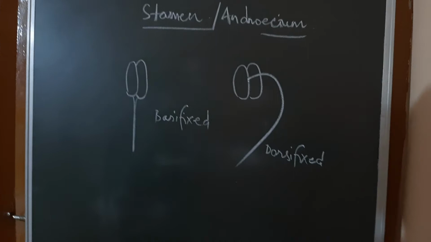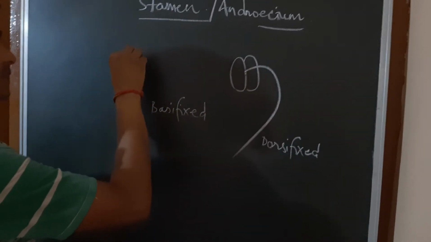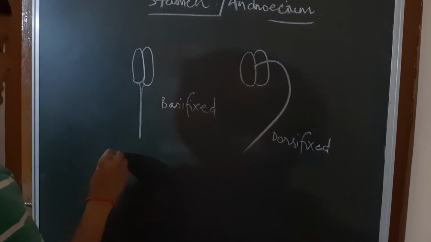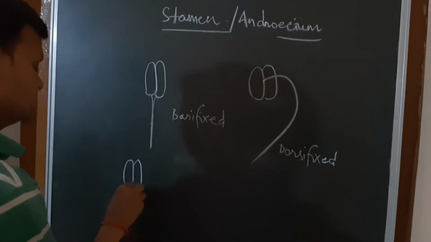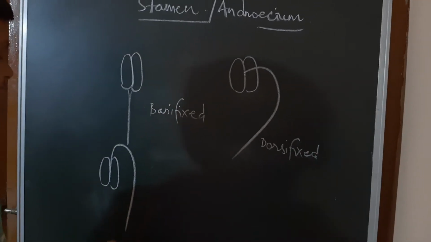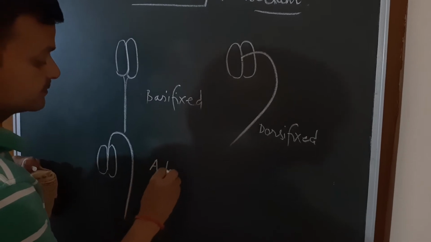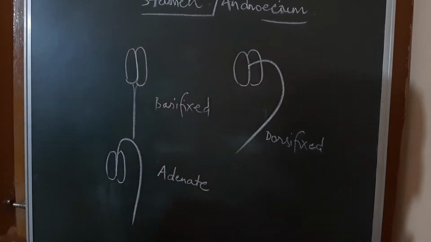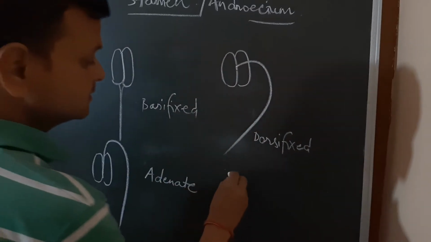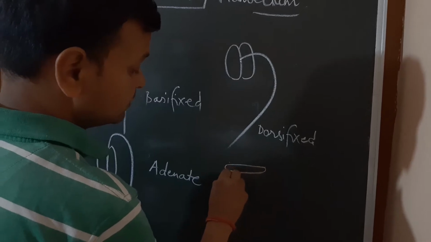And the anther may be attached on the whole lateral surface, like if we show it here, on the lateral surface, then this is called adnate position.